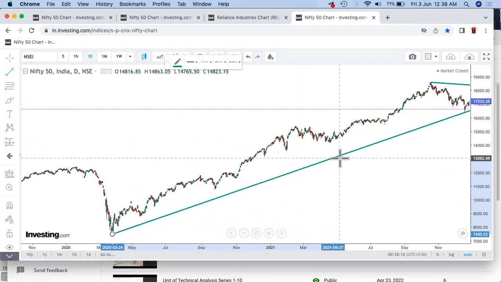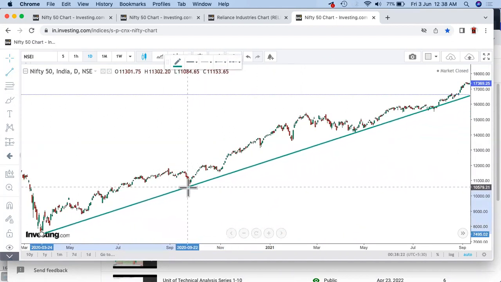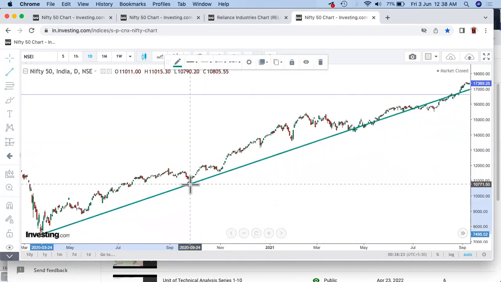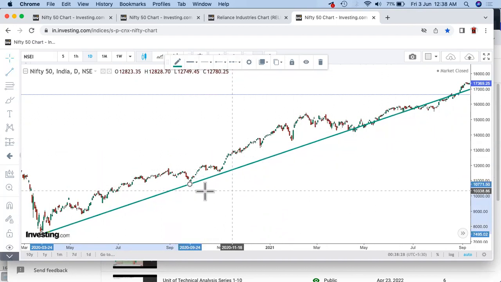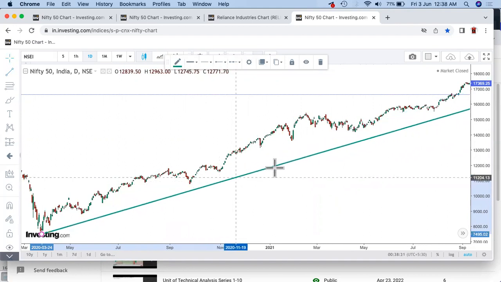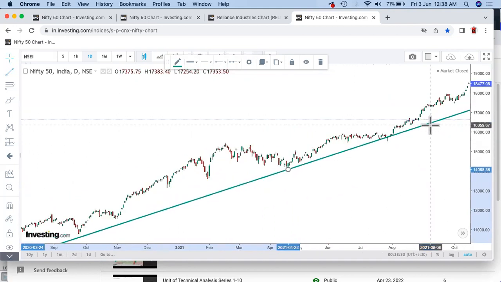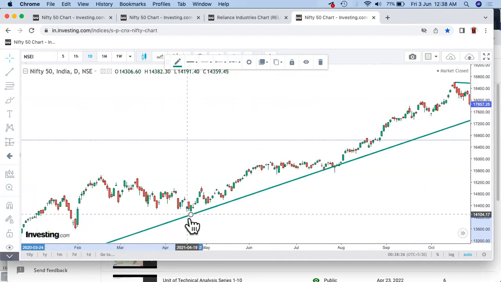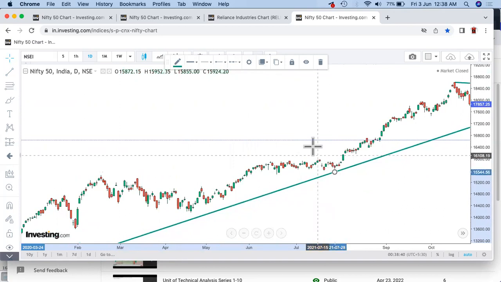And after that, probably I can just try to join the higher lows. So for example, if I'm joining over here, I see that okay, it has been cutting overall. So I go to the next part, probably somewhere over here. Again, I see that the next part has been cutting. So I go again to maybe probably this low. Okay, and I'll again do the same thing.